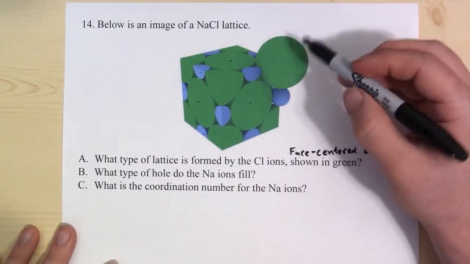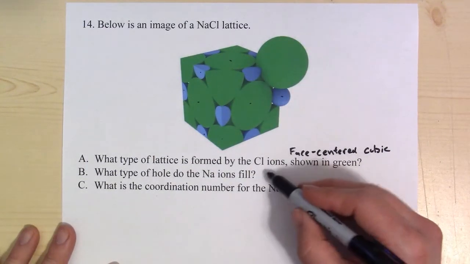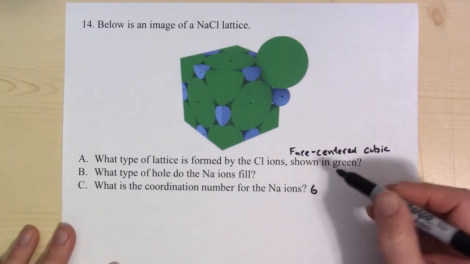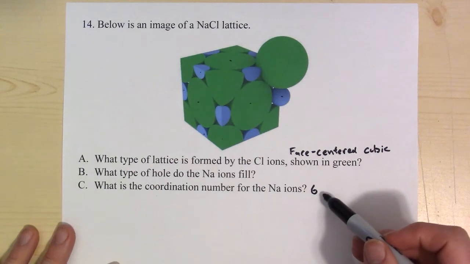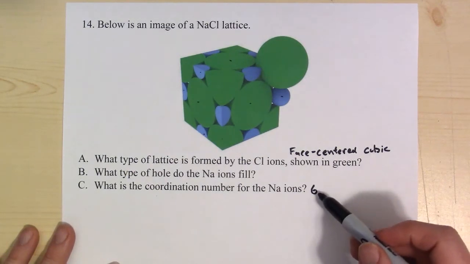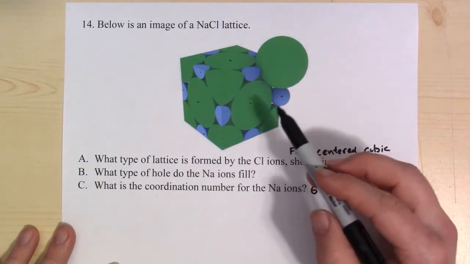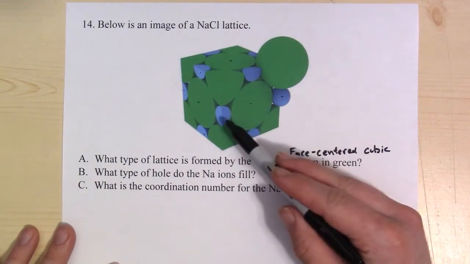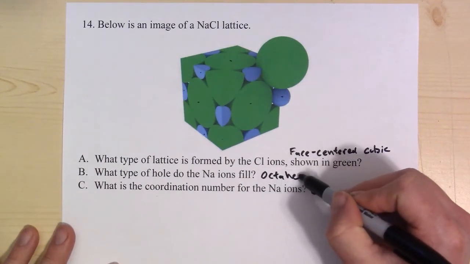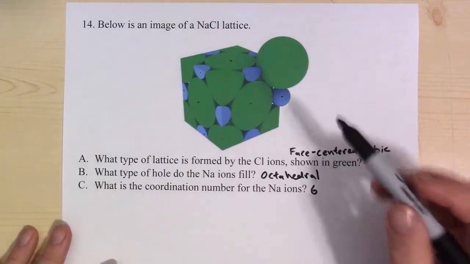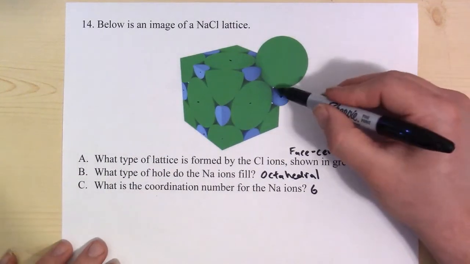So that means that each of the sodiums is going to be interacting with 6 of the chlorine ions, and when you have a 6 coordination number for the anion, that means that the cation is then in an octahedral hole. So again, here is the sodium cation here.